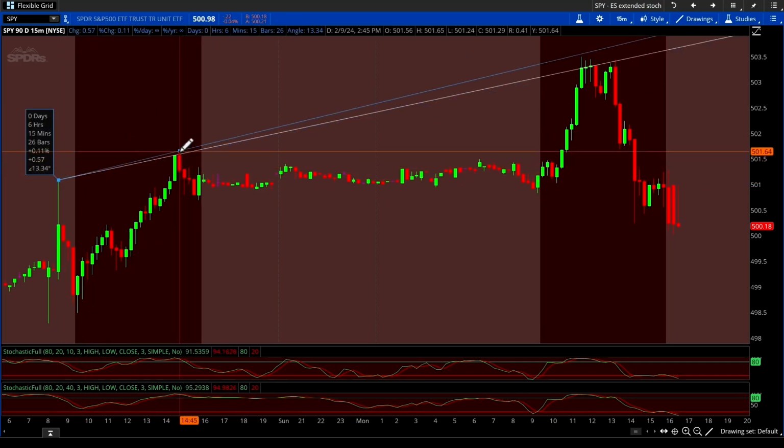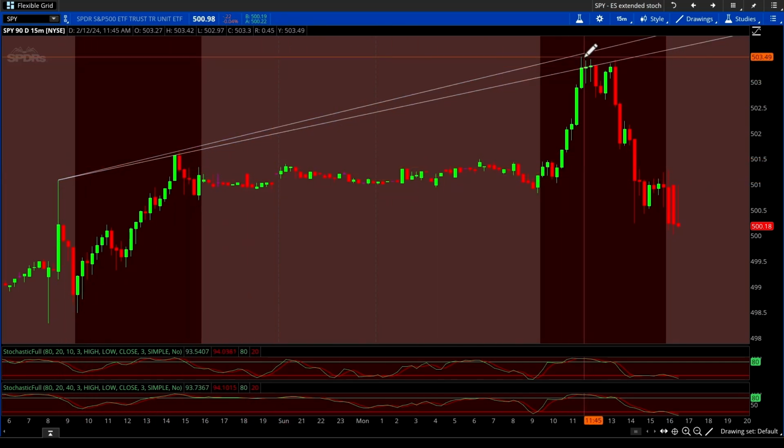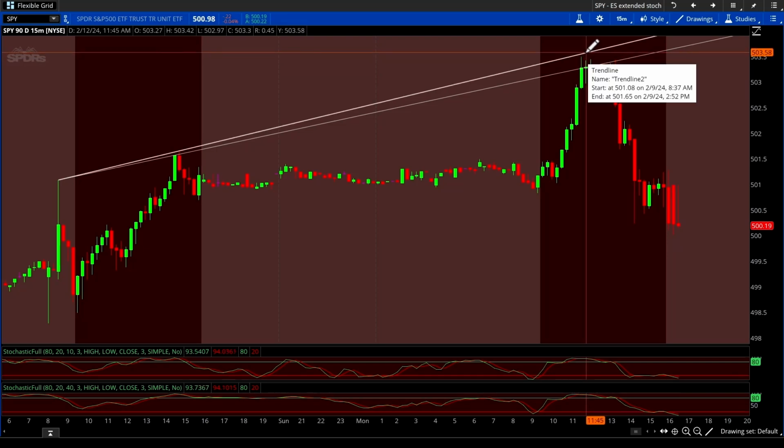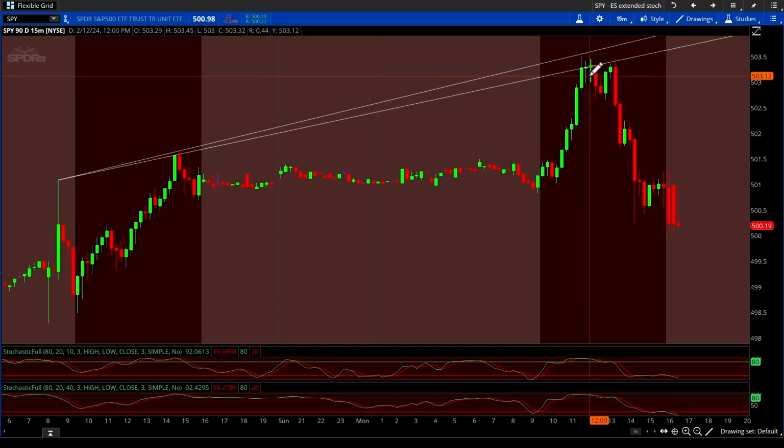I usually want to do both, and then look, it creates an area where you can choose to get in the middle, because it might not hit that top line, which it didn't in this example, but it for sure pierced this bottom trend line, right? So you can see what price action did.